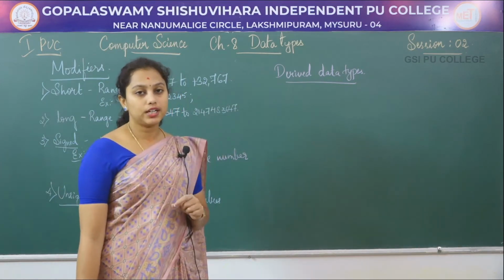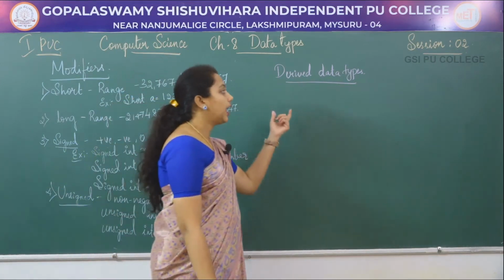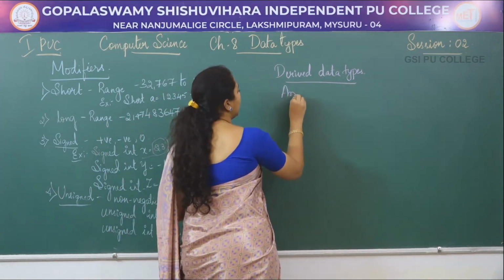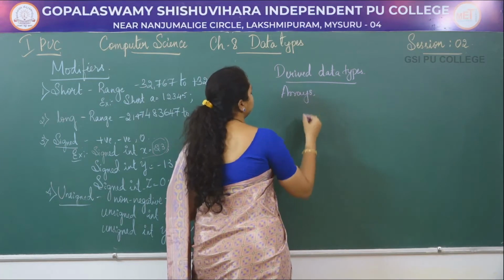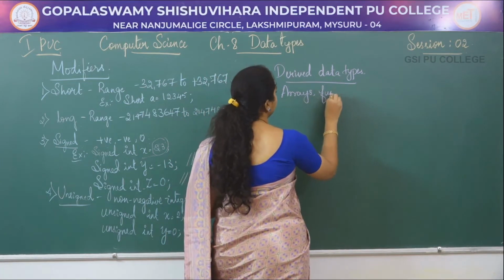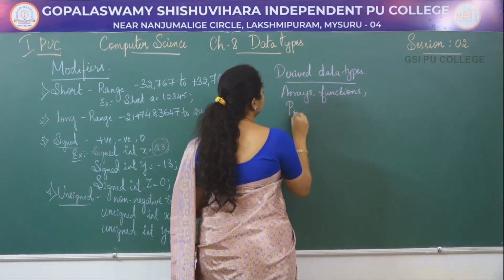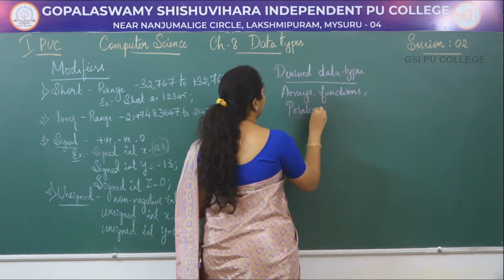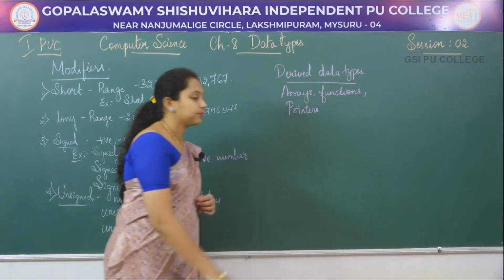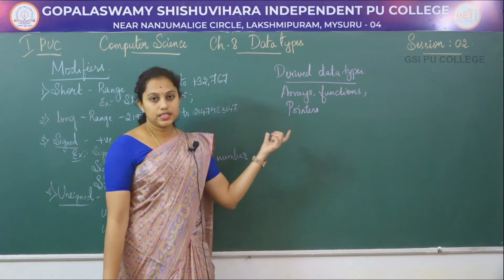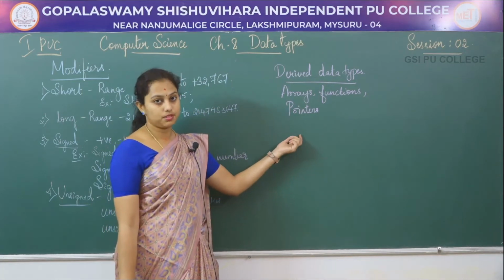Examples for derived data types are arrays, functions, pointers, etc. We shall study about these data types in detail in further chapters.